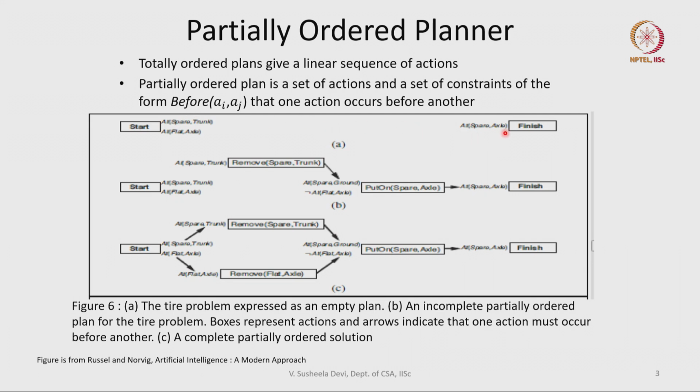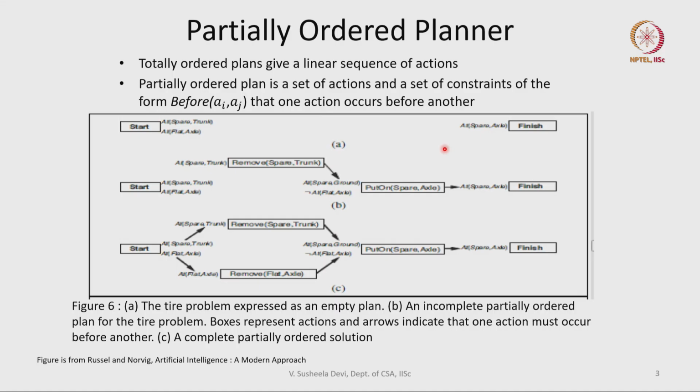And what we want at the finished state is that you want the spare tire at the axle. So you want to remove the flat tire and take the spare tire from the trunk and put it onto the axle. So this is one simple planner that has been seen.